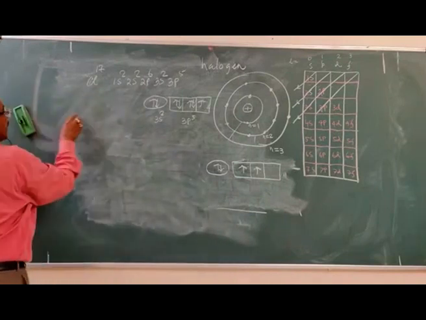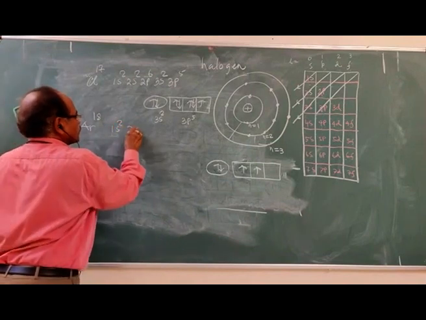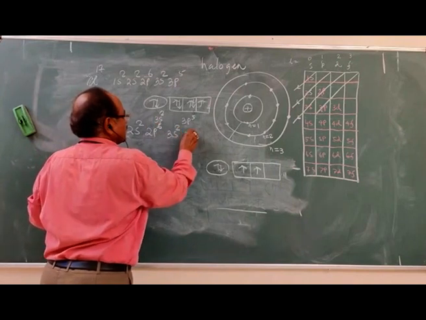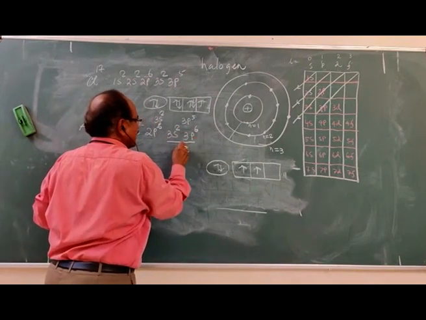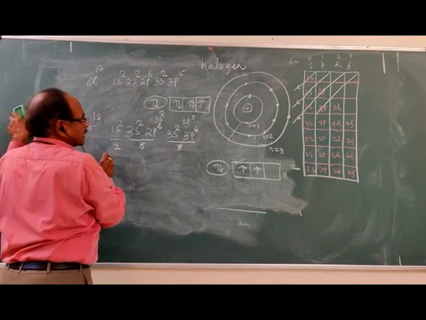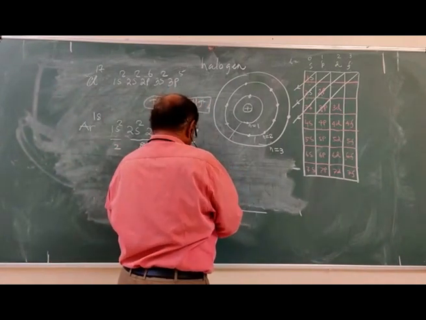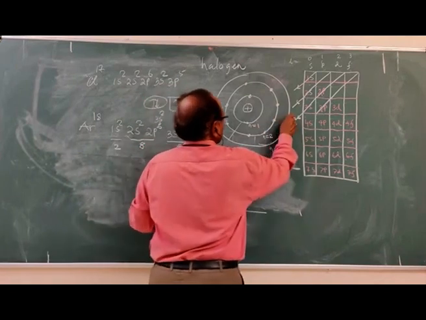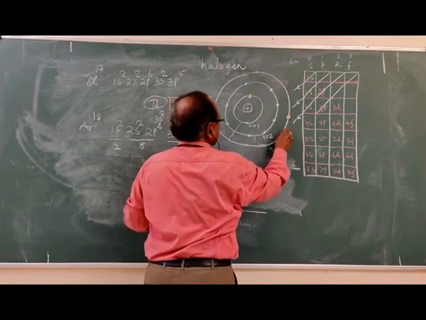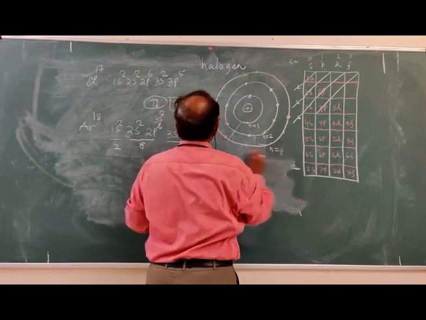Now then comes argon 18. It is 1s2, 2s2, 2p6, 3s2, 3p6. Now see here, it is 8 completed, it is 8 completed, it is 2 completed. Now you got here the third shell of the periodic table completely filled, with 8 electrons in the third shell.